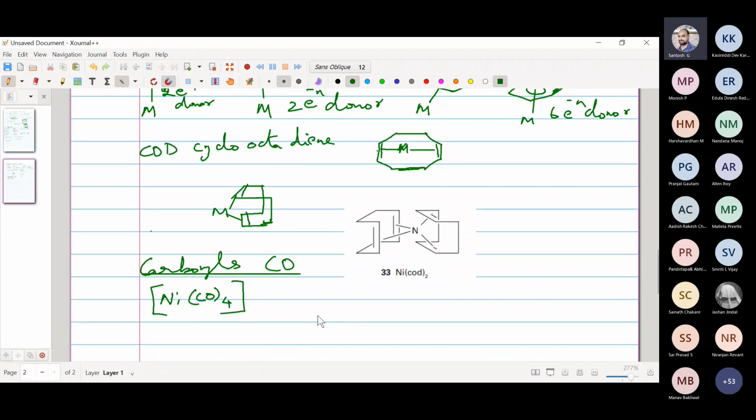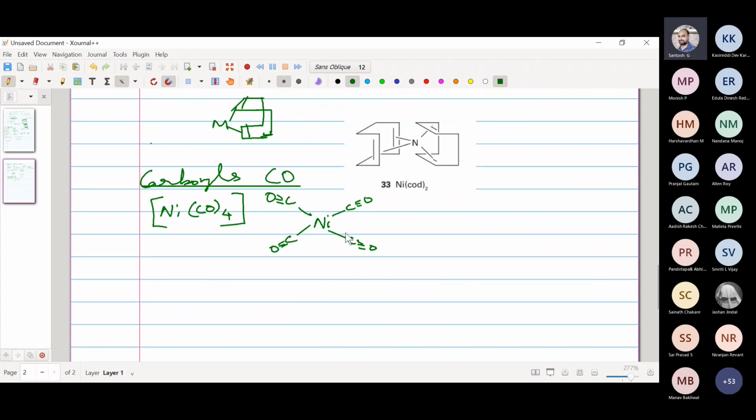Even though you will find structures of these compounds drawn like this in the textbooks, with a carbon-nickel bond suggesting a covalent bond between carbon and nickel, as I told you, in organometallic chemistry the carbon-metal bond is considered to be formed between an anion and the metal.